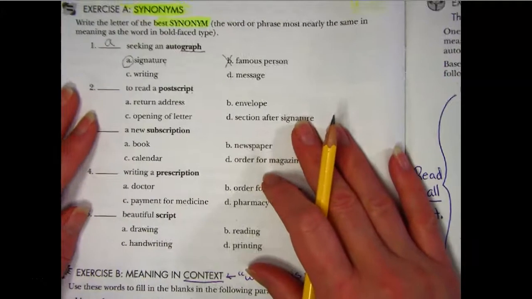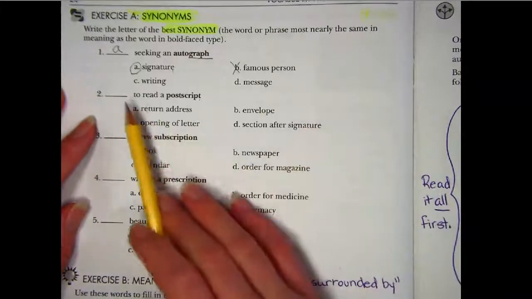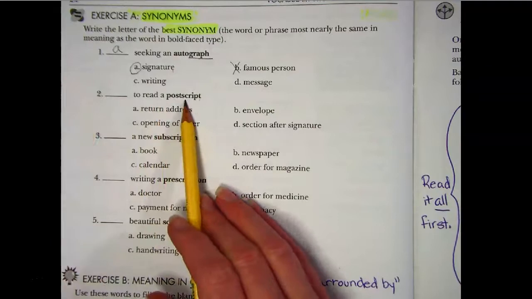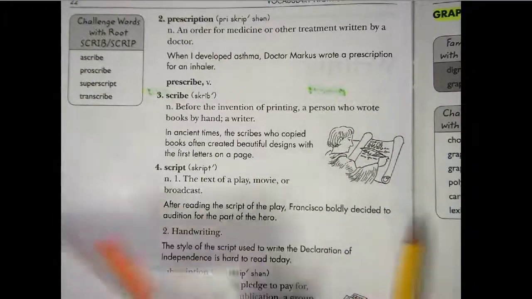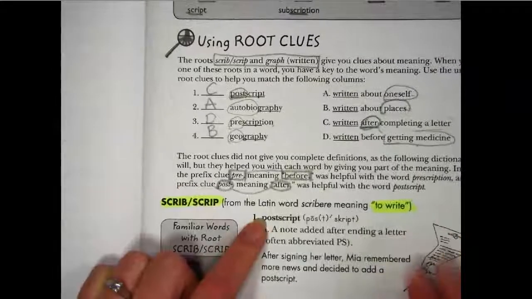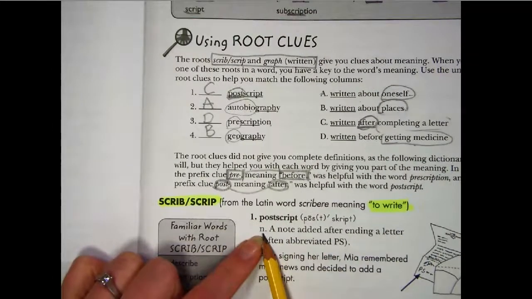Welcome back. How'd you do? Let's check your answers. To read a postscript. If we look back and read the definition for postscript, all the way back on this page. Postscript is a noun, so that's a person, place, or thing.